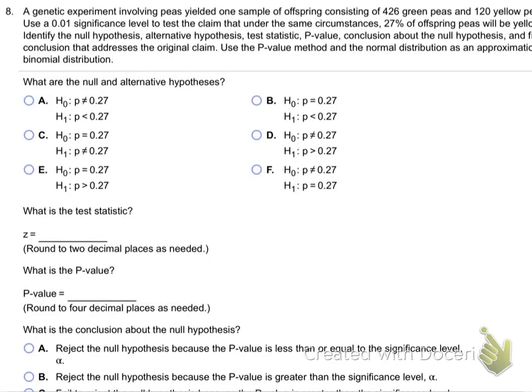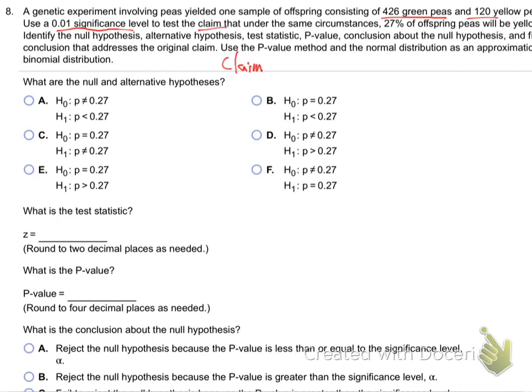Okay, so here we are in number 8. In this one, a genetic experiment involving peas yielded 426 green peas, 120 yellow. Use a 0.01 significance level to test the claim. There's the claim. Let's write the claim.